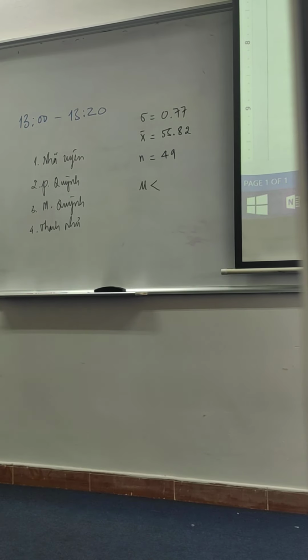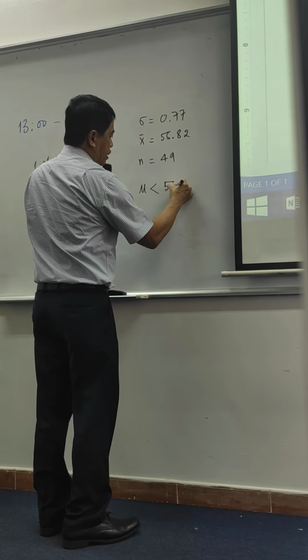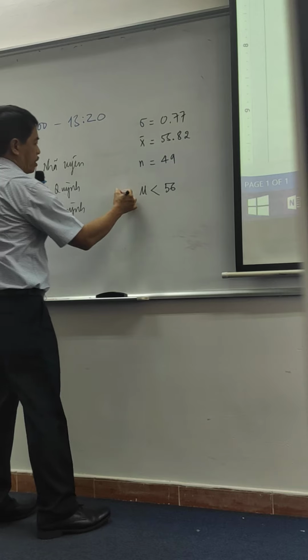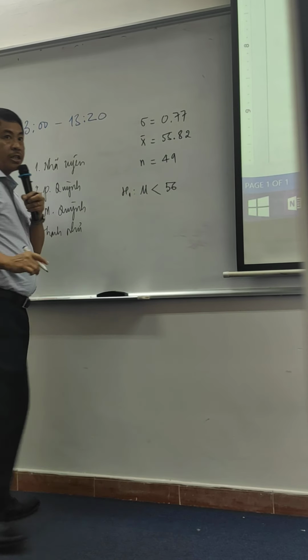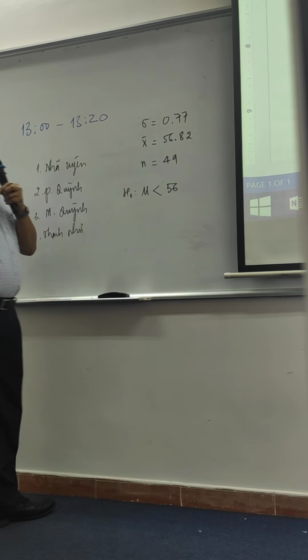What is the value it's supposed to be? 56. So this one is H1. First of all, you write down exactly what they say, and then you determine whether it is H0 or H1.